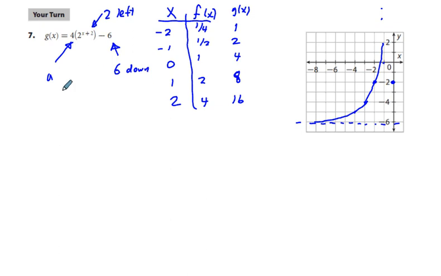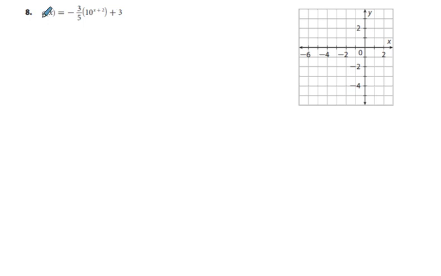This would be vertical stretch by a factor of 4. Again, a calculator could help you with this, but really these things, especially this left, right, up, down translation, should be quite easy. And then we have this one right here.